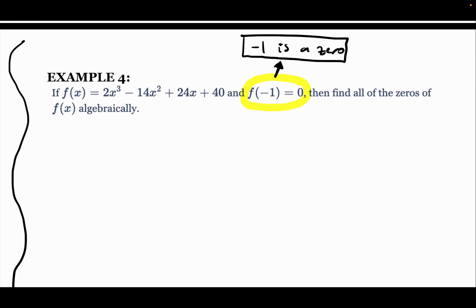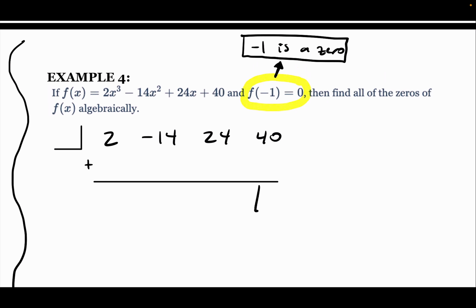Well, when they give you an answer, use division. So let's set up division. We got 2, -14, +24, +40. Well, if it's a 0, that means there should be no remainder.